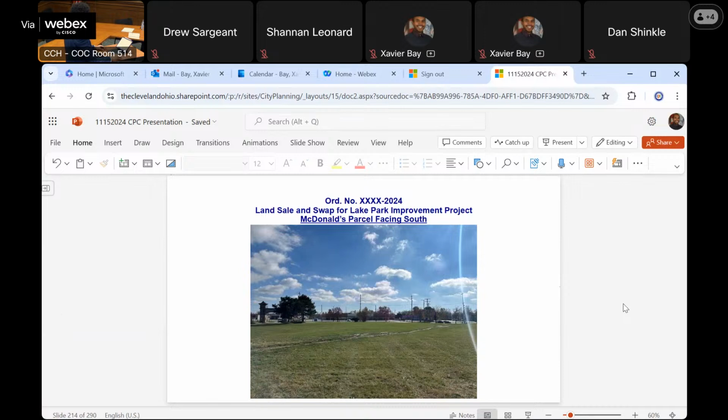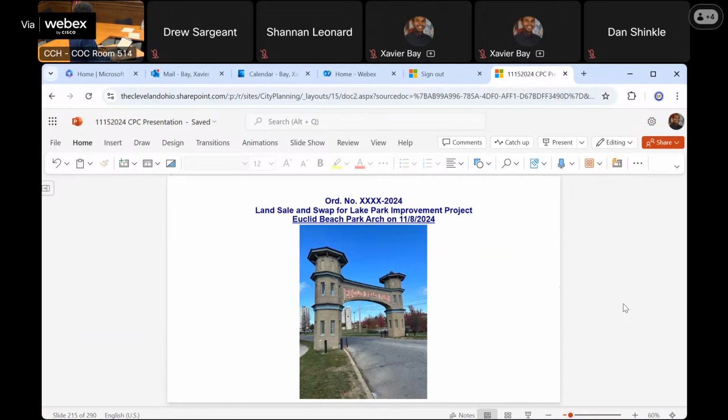This is a north facing view of the parcel, and next will be a south facing view. Then, on the next slide, I have a present image of the Euclid Beach Park archway. The city has plans to improve East 59th Street, which is where the archway sits atop. In order to execute those improvements, the archway will have to be moved, but due to its delicate state, it can't be moved very far.